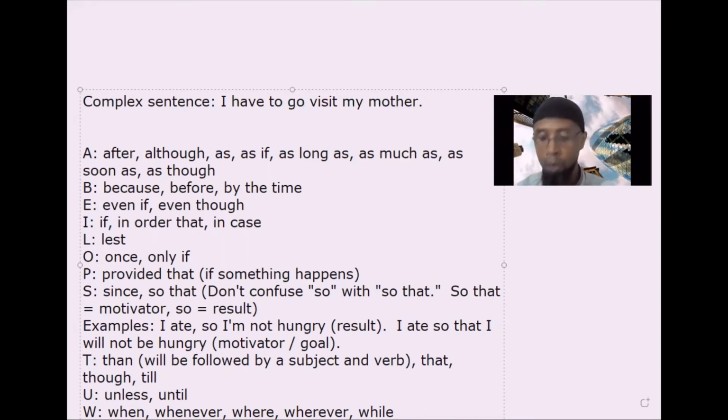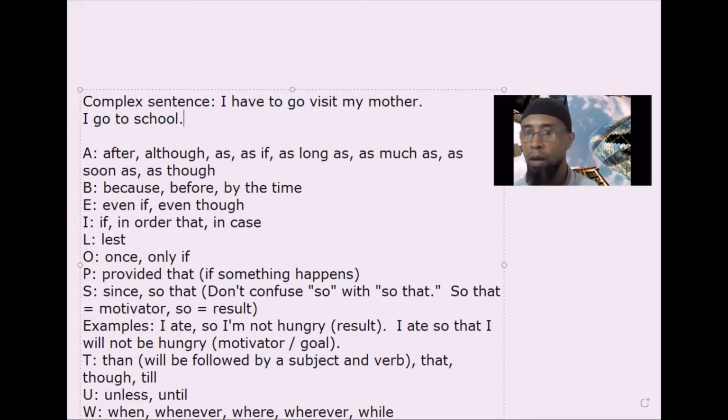Now I'm going to write another sentence. This is another simple sentence. So what happens now, we're going to combine these together.